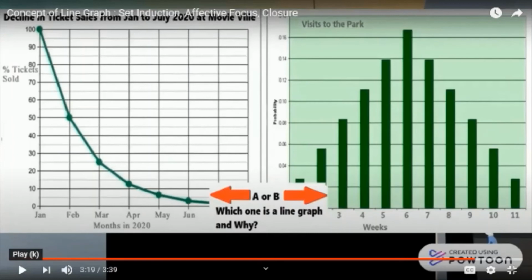I want you to put your answers in the chat, everybody. Very good. All right, so I see the majority of you said statistical chart A. Can you tell me why? Why do you think it's a line graph?